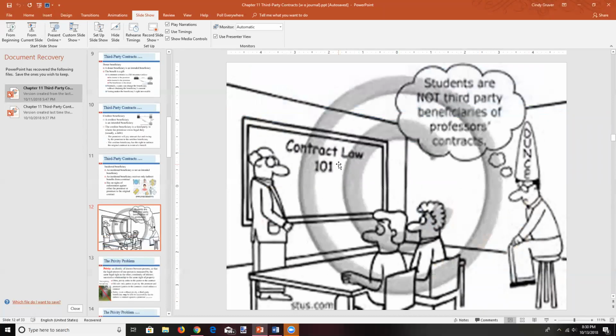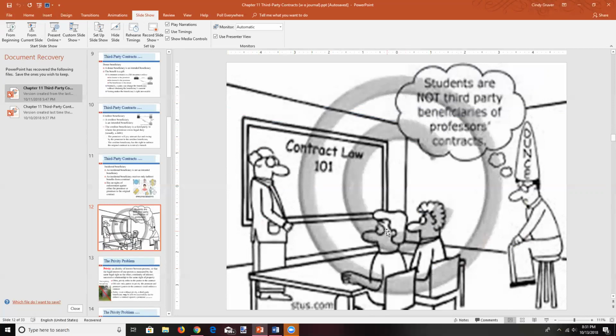An example here of maybe another way of looking at this is, a professor such as myself has a contract with Collin College. Let's say I'm an awful instructor. Hopefully you don't think that about me, but I'm awful and you're not learning anything about contracts. You are not intended beneficiaries of the contract.